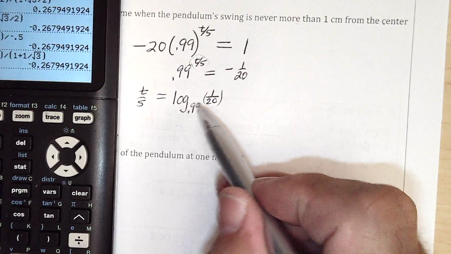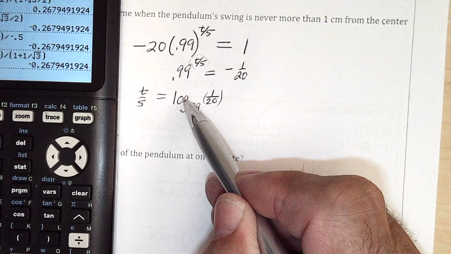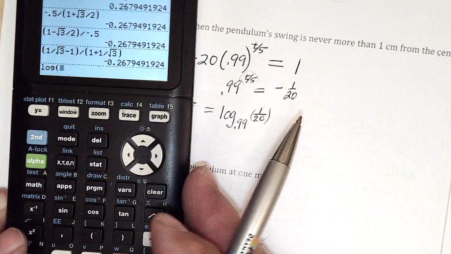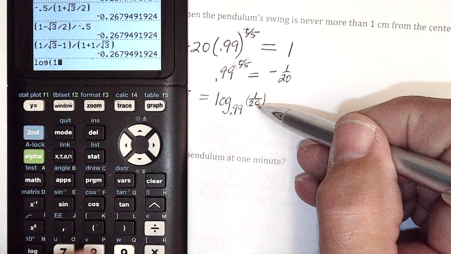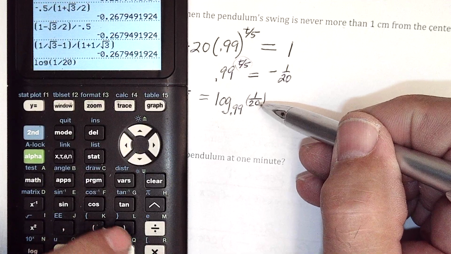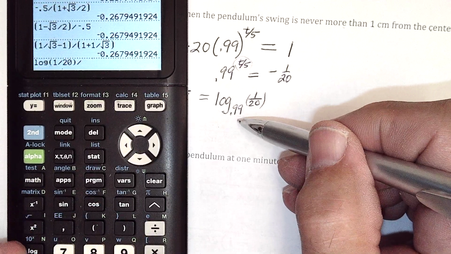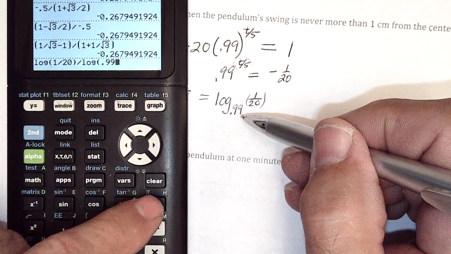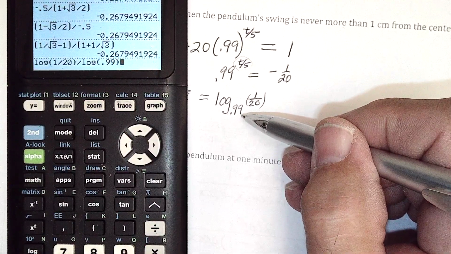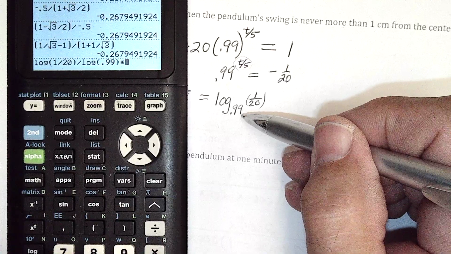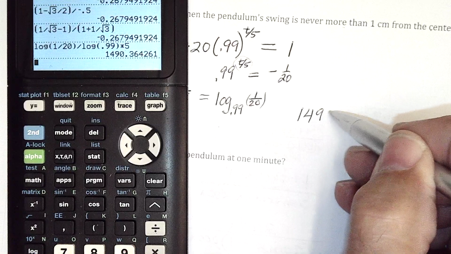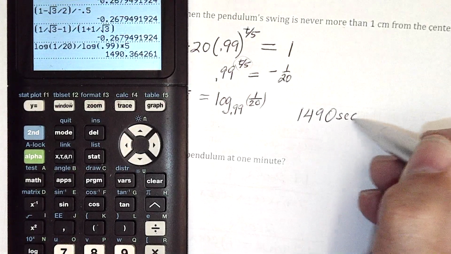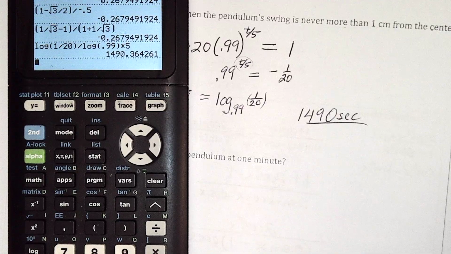So the change of base rule is, using the log button, log of the 1/20th divided by log of 0.99, and take that answer times 5, and I get 1,490 seconds. I could change that to minutes and find out how many minutes it takes it to die.